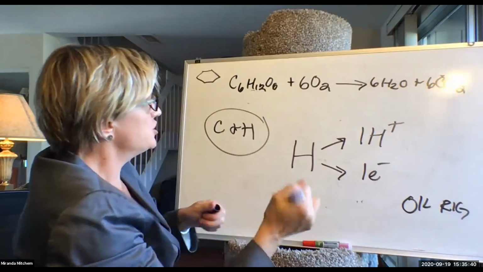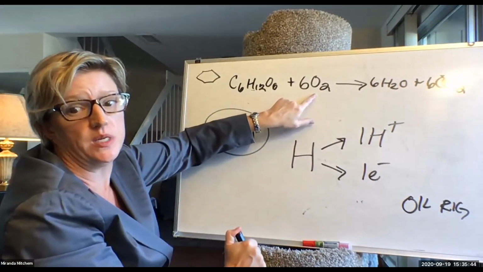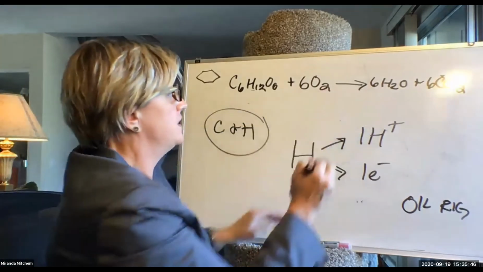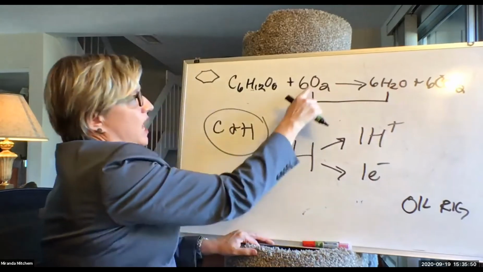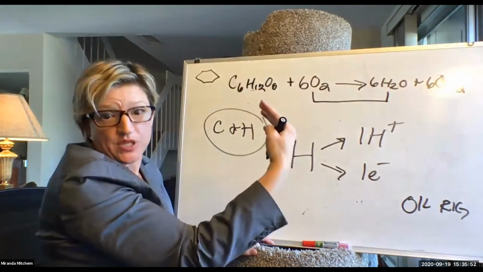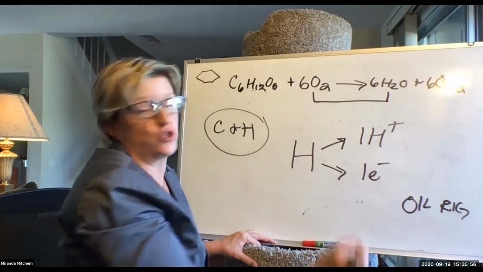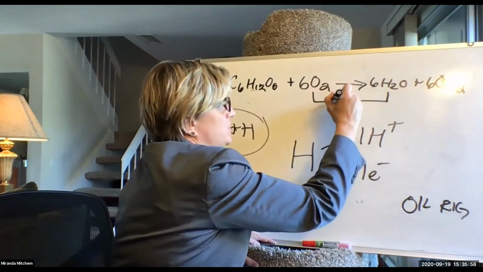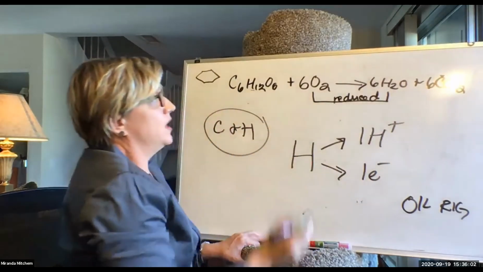So one of the relationships is between oxygen and the water. Oxygen can accept electrons. It would gain electrons, so it is reduced into water.